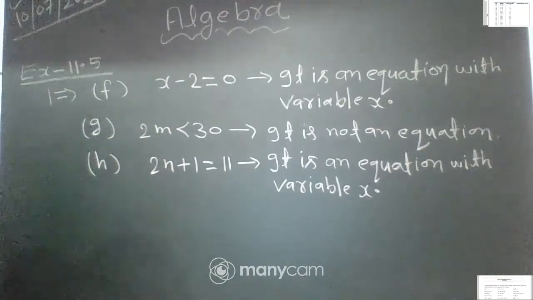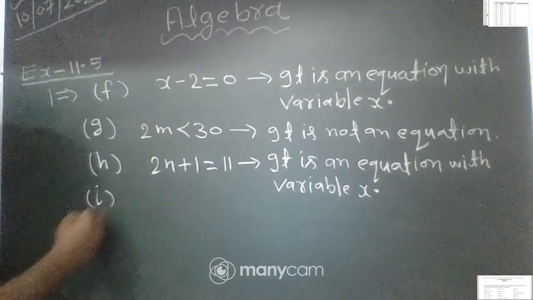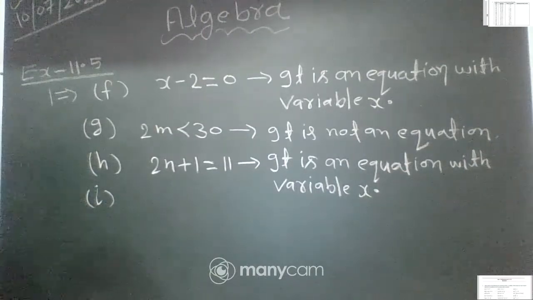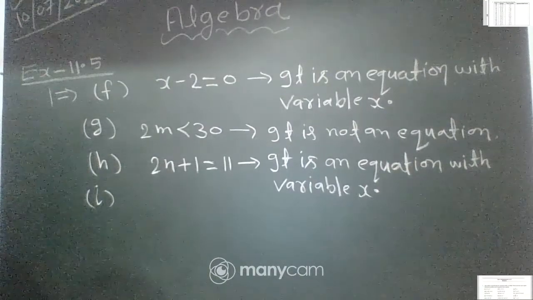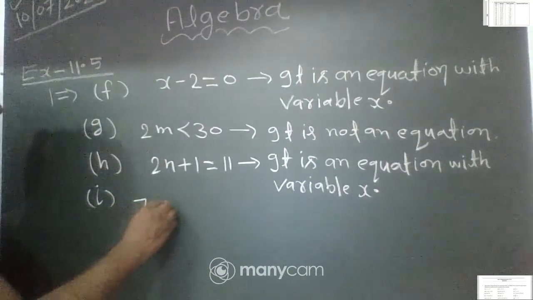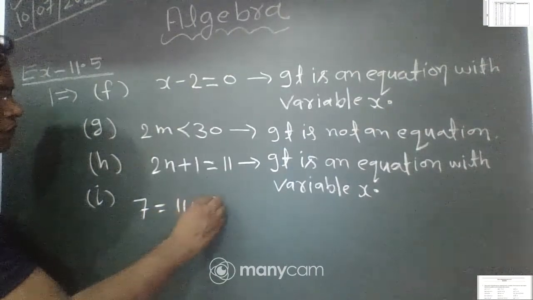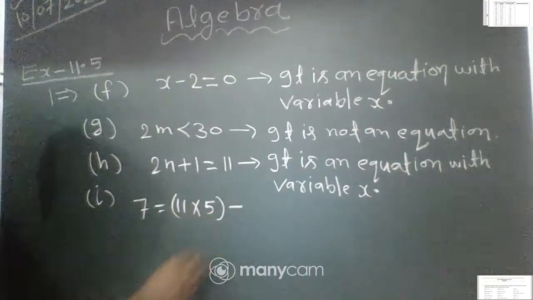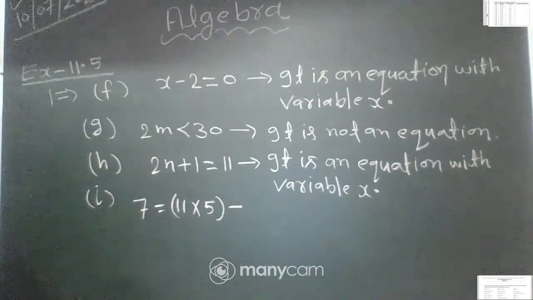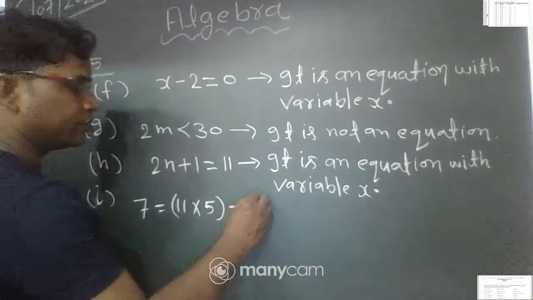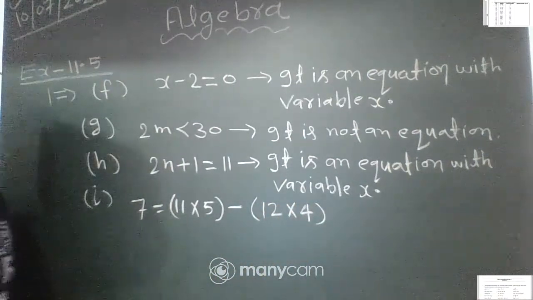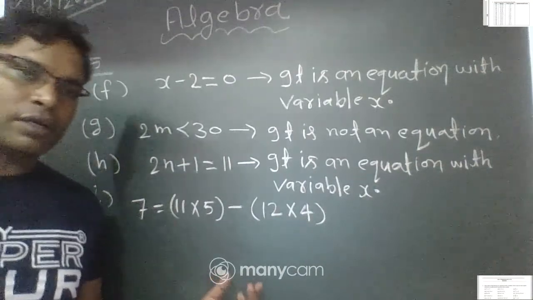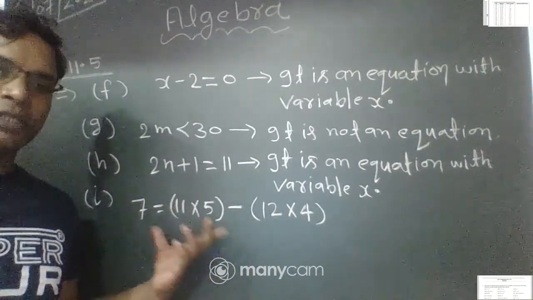And next part, I part is 7 is equal to 11 into 5 minus 12 into 4. So what is your idea about this question? Is this an equation or not?